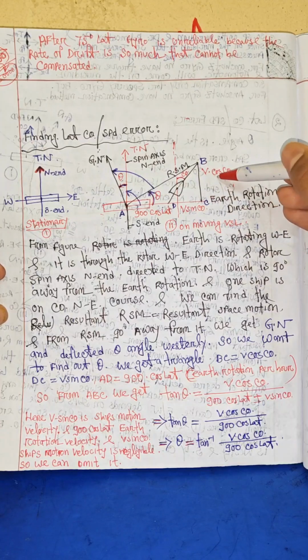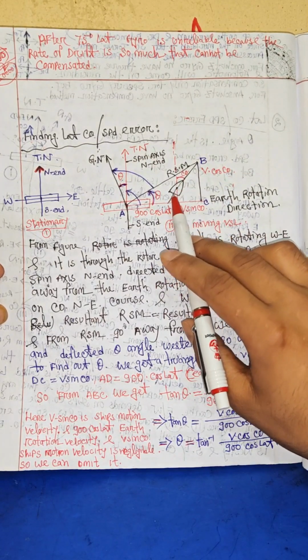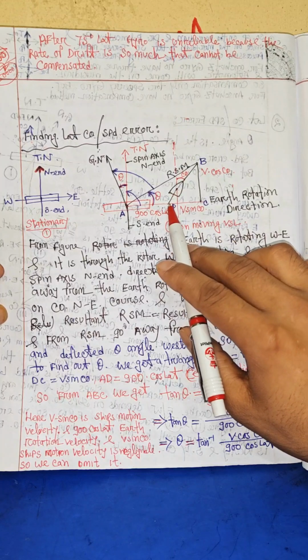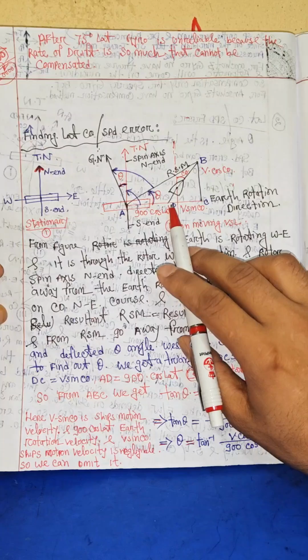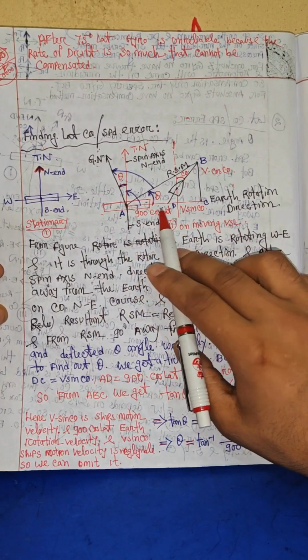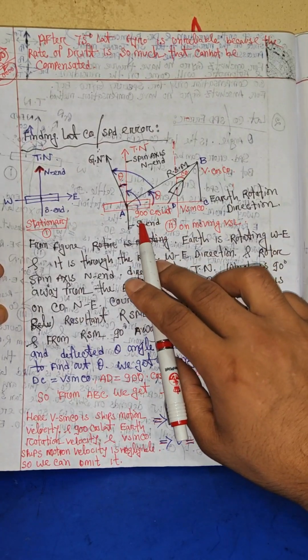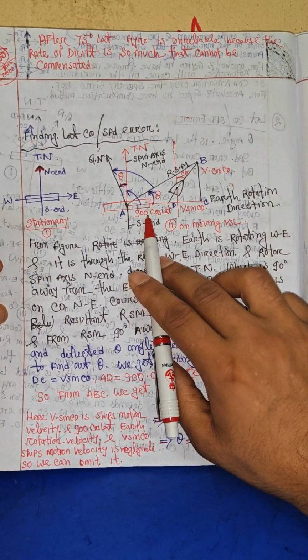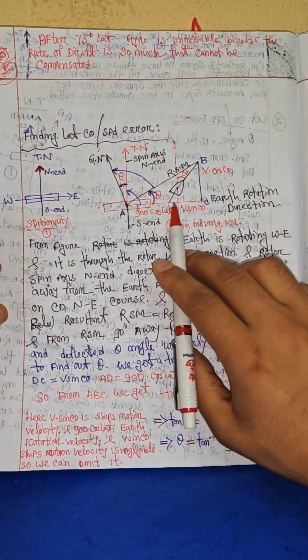This BC is V cos course, and this much here from your ship, from this point DC is V sin course. From A to D, this much is the earth rotation, that depends on the latitude. So you know the formula is 900 into cos lat, or 15 degrees into cos lat. So this is this much.